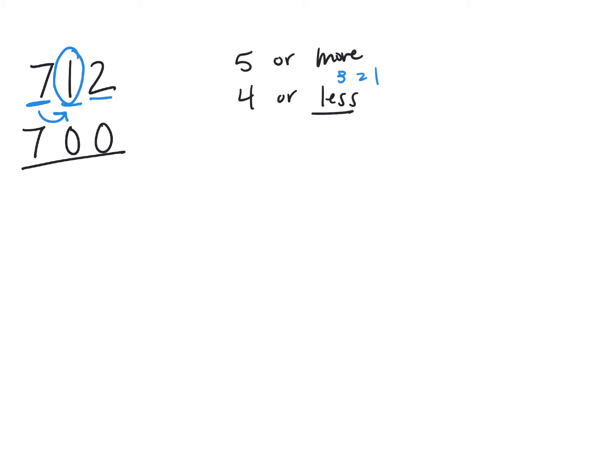Now, for rounding to the nearest 10, I have 98. Which digit is in the tens place? Well, the 9 is in the tens place and the 8 is in the ones. So we've got 8 ones and 9 tens here. If we follow the rule, 5 or more, add 1 more. The more is 6, 7, 8, or 9.